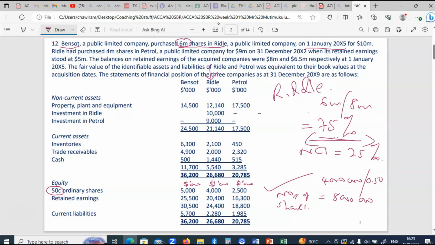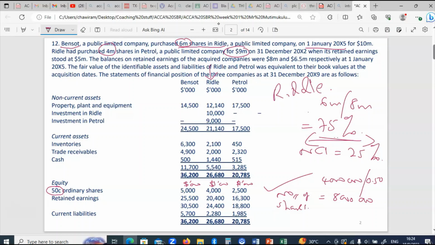Before Redu was acquired, it had already acquired Petrol for 9 million. And how many shares were acquired? 4 million.